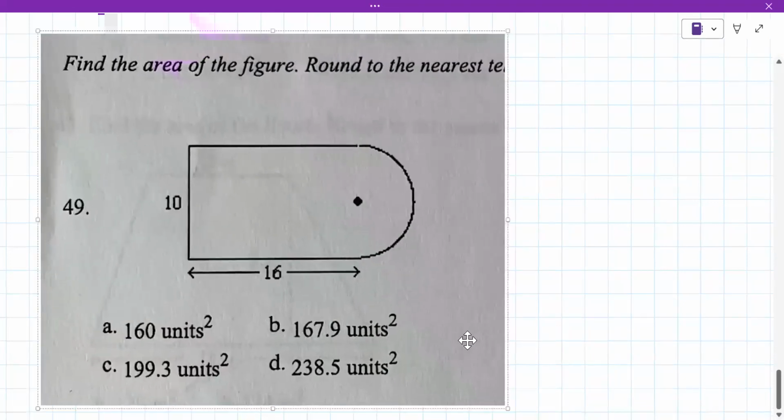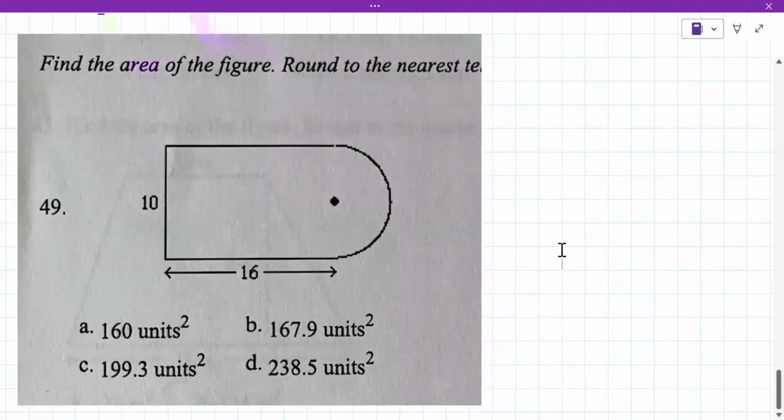All right. For this one, how do you find the radius of that half circle?